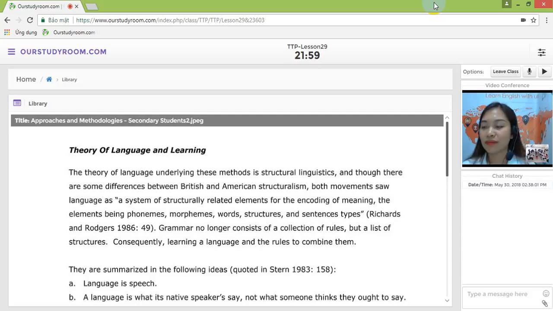If you want to improve reading skill, you can read a text or some stories. If you want to improve speaking skill, you can talk with your friends or with your teacher. So a language is a set of habits.